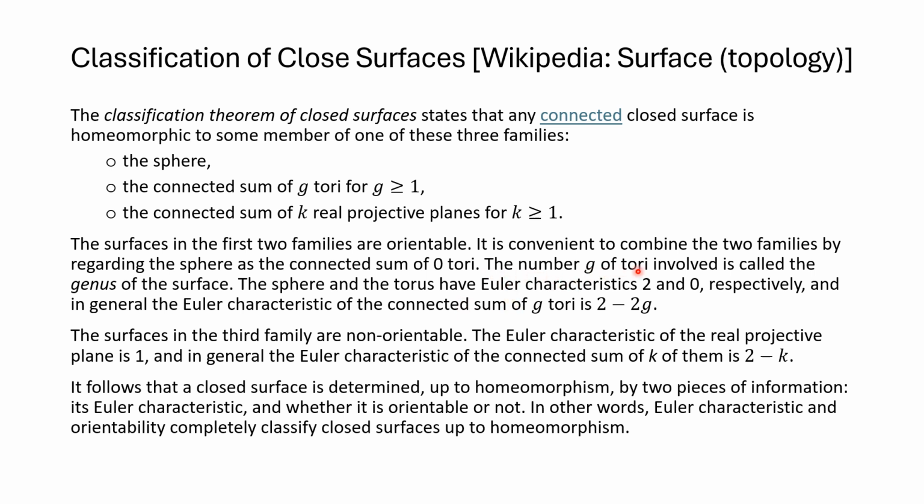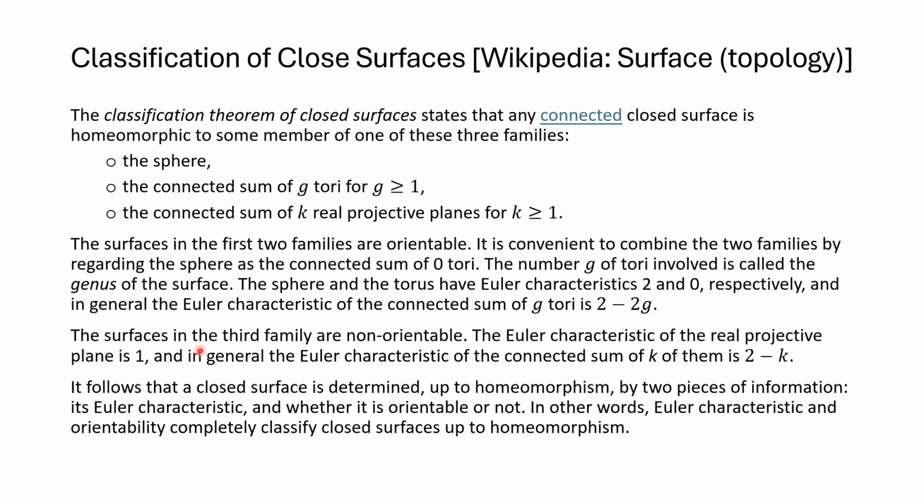The number G of the tori involved is called the genus of the surface. The sphere and the torus have Euler characteristics 2 and 0 respectively, and in general the Euler characteristic of the connected sum of G tori is 2 minus 2G. We had that in the last lesson, just re-emphasizing some things.